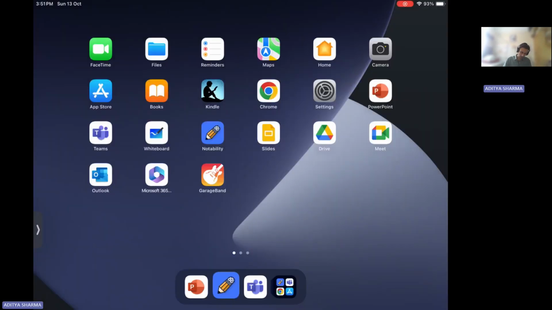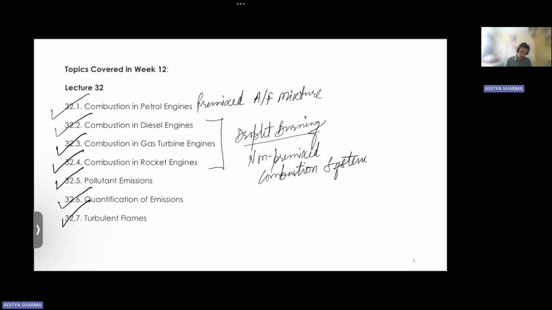Then the last topic is turbulent flames. Turbulent combustion: wherever you see turbulence, predictability becomes very low, and analyzing such scenarios also becomes very difficult.